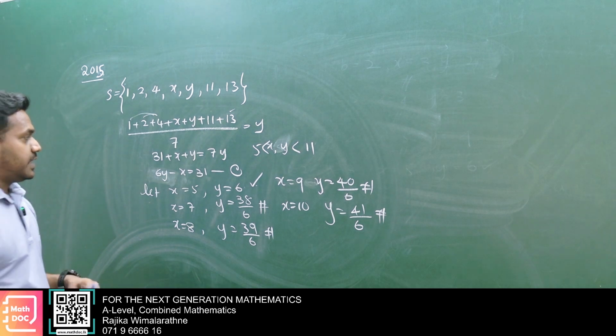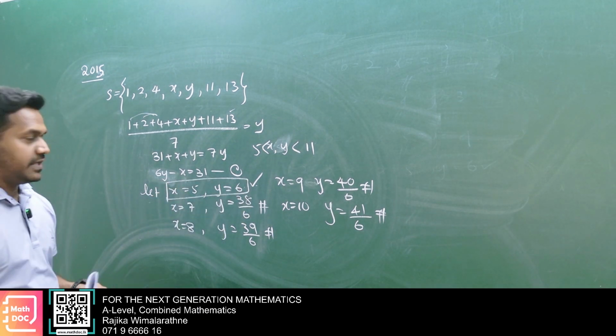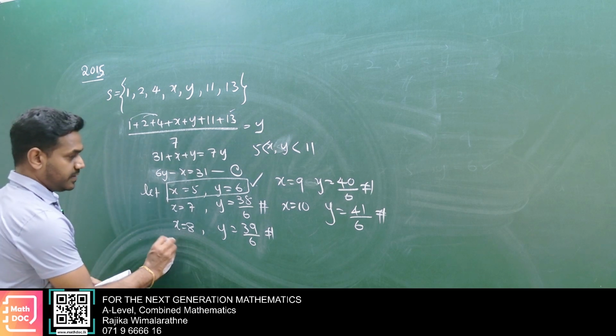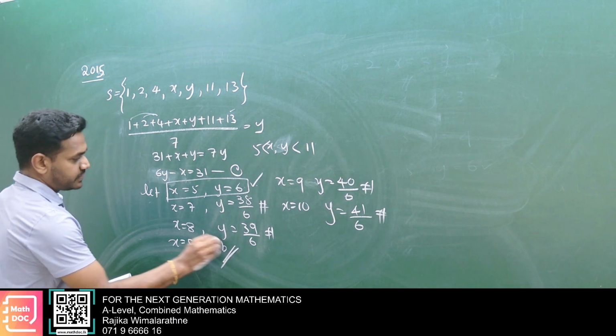So the only possible value is x equals 5, y equals 6.